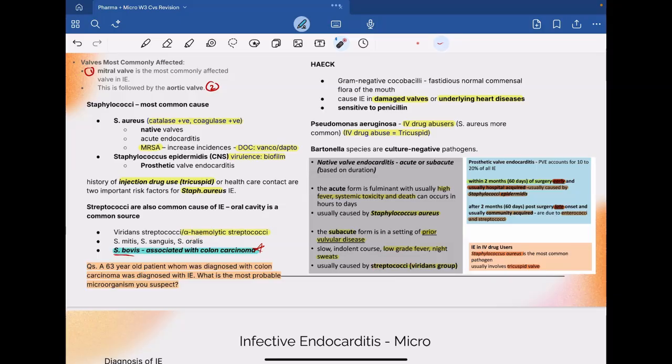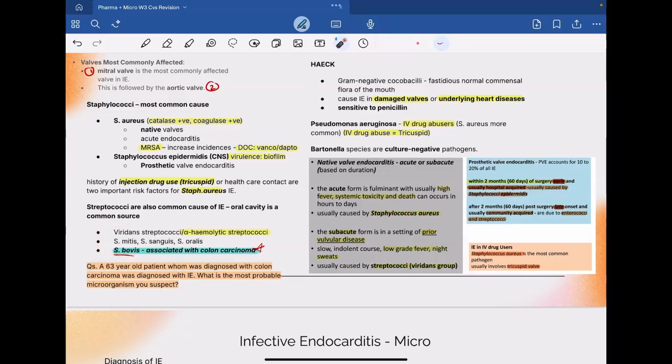So let's say a question says, a patient has been showing low-grade fever for the past few days, night sweats, and upon culture, the bacteria is alpha-hemolytic streptococci, most likely it's going to be strep viridans, okay? Or any of these bacteria that are mentioned here.